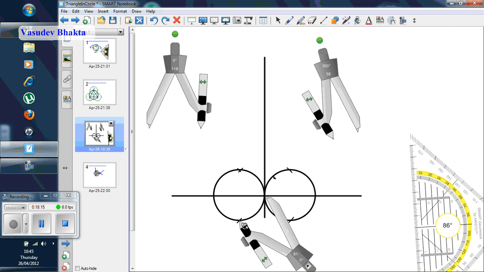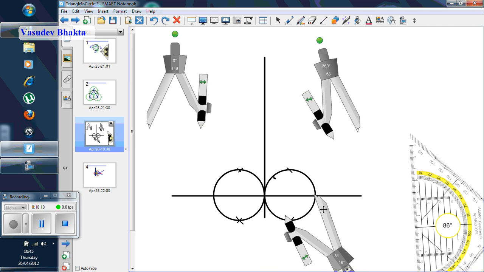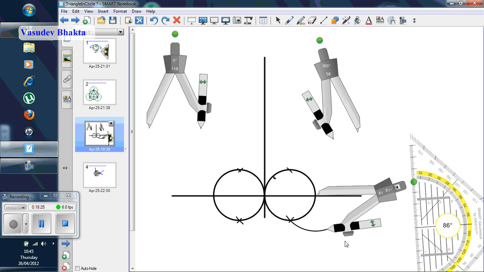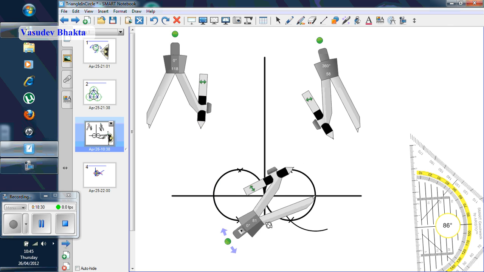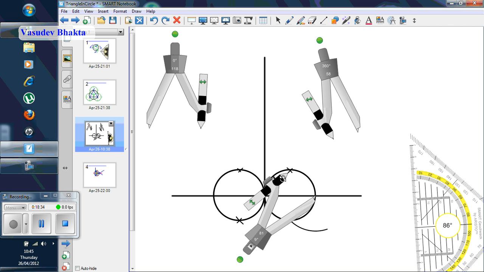Here I'm trying to find the center of the two circles that we've got here, and I'll place my compass again. Mark another point there.